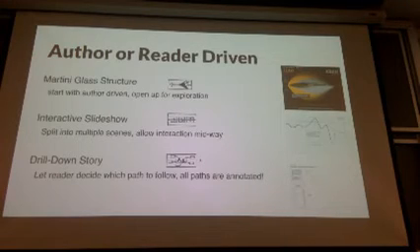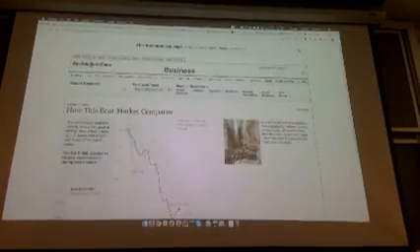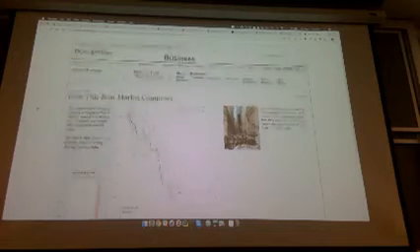And then I guess the most difficult thing to implement is the drill down story, where you really let the reader completely decide which path to follow and make all of the paths annotated. That's a little bit like the Obama path to the White House.